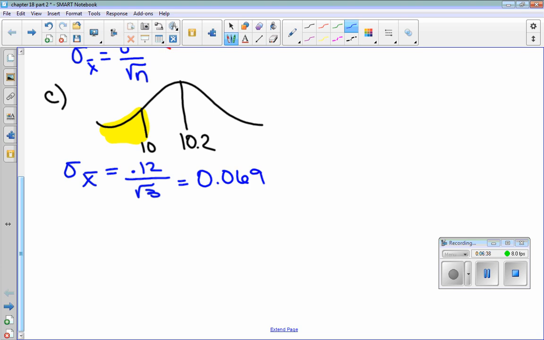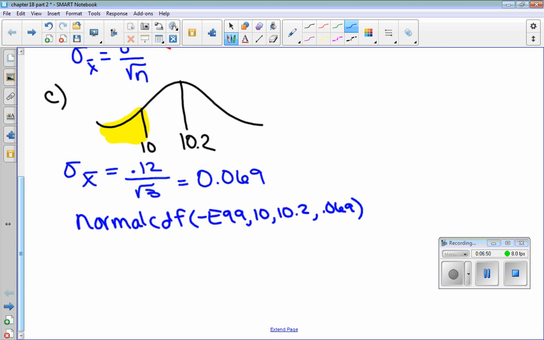And so when we do our normal CDF here, everything is the same except the standard deviation is now different. And so when I do that, the probability becomes 0.0019. Does it make sense that the probability is a lot smaller? Because we're talking about the average of the 3 bags being underweight.